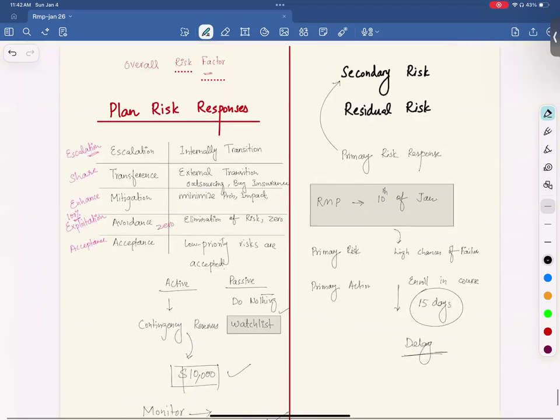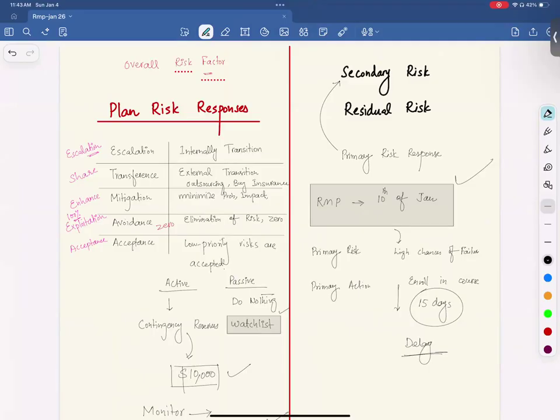So you will not be able to achieve your goal within this target, right? So this is what we call secondary risk, a risk that comes up because of your primary risk response, right? You understand? Does it make sense?